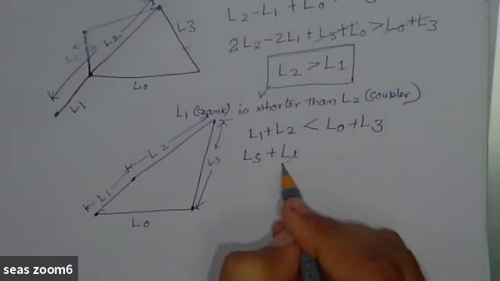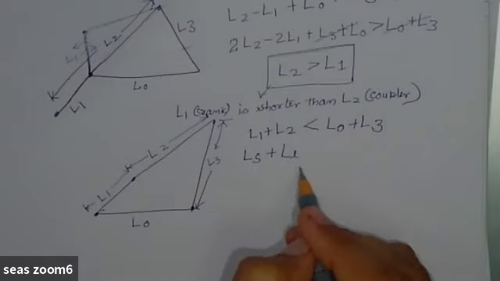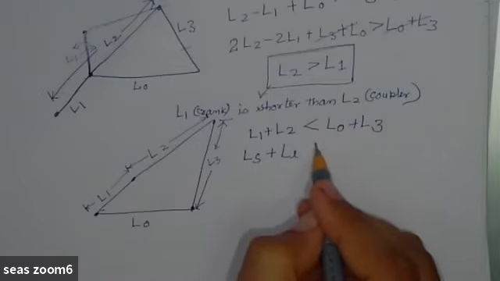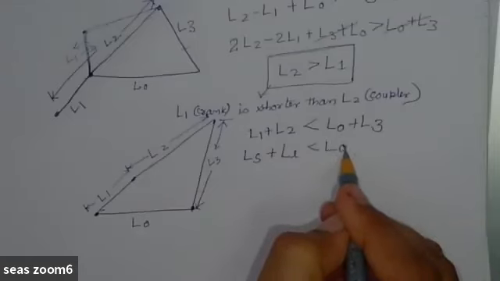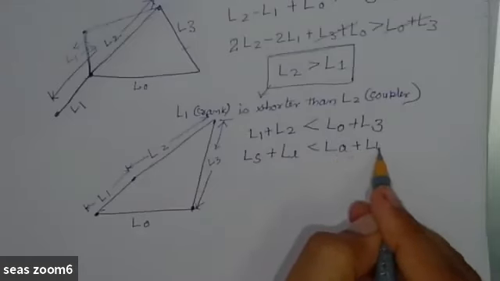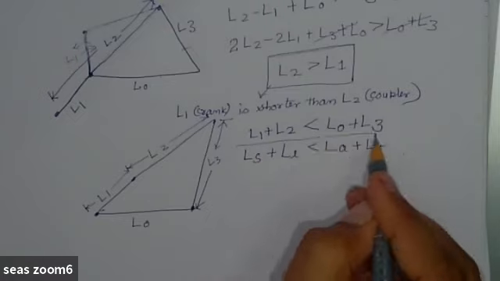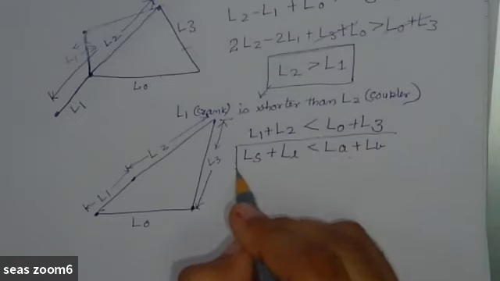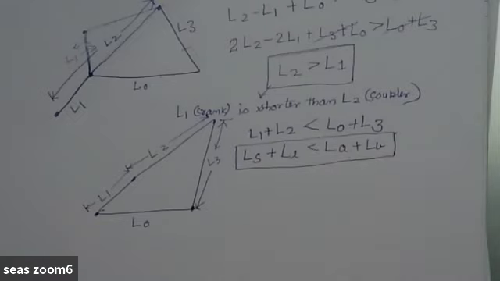So I'm just writing LS plus LL, S is for shortest and L is for longest, and two other arms, any two other arms, let's say LA plus LB. So this is again one condition which says that the sum of the shortest link and the longest link must be less than the sum of the other two links.